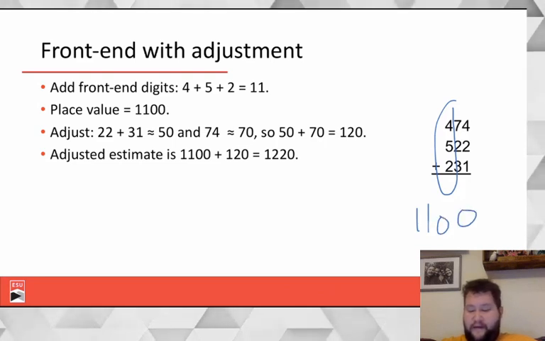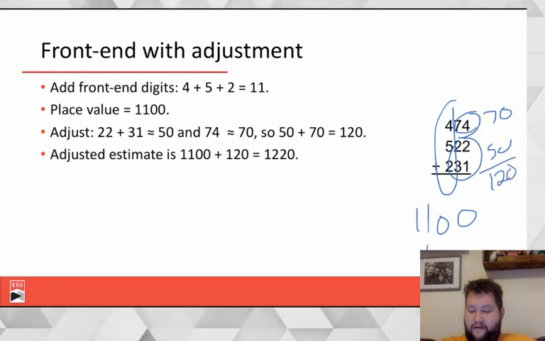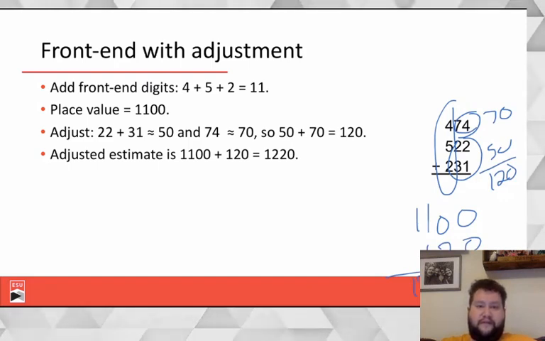And then they're like, well, this and this is about 50, and that's about 70. So that's about 120. And so our total is about 1220. Right, and so that's what adjusted means, is you use your largest place value and you round some others and go from there.